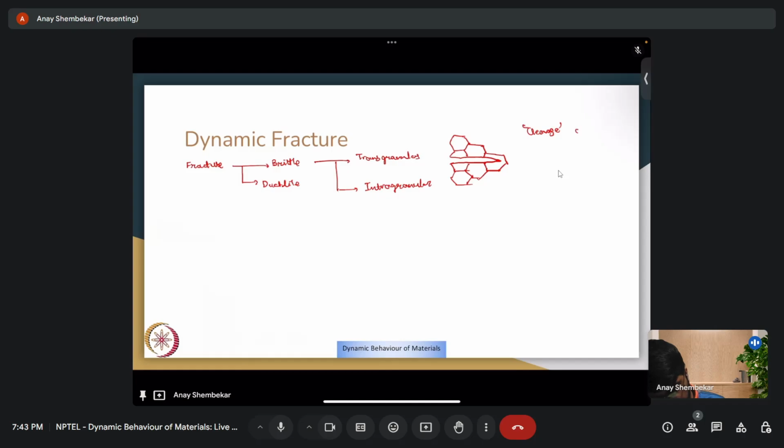It's also called a cleavage crack. And the thing is that the crack has a definite crystallographic orientation. Another one is the intergranular crack, which looks as follows.